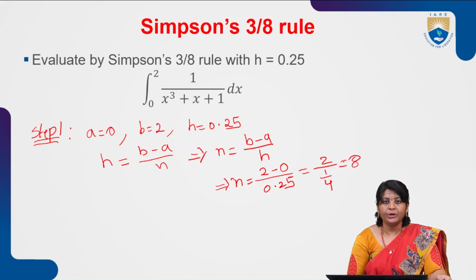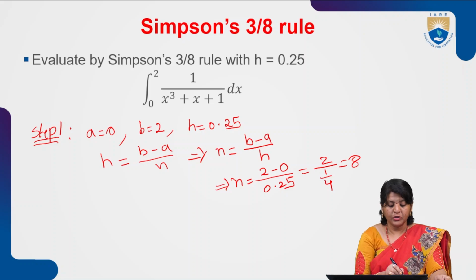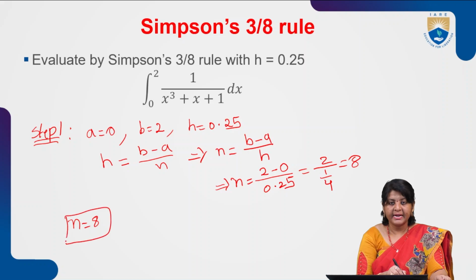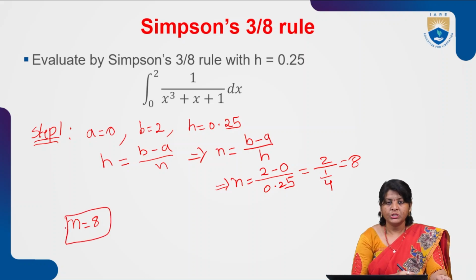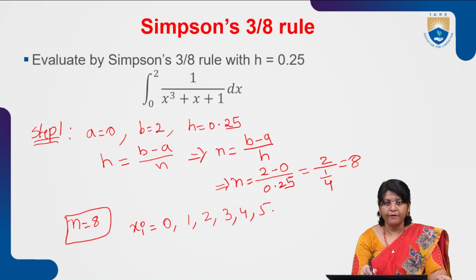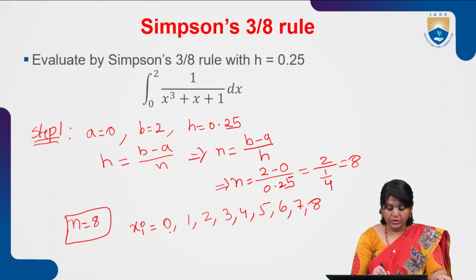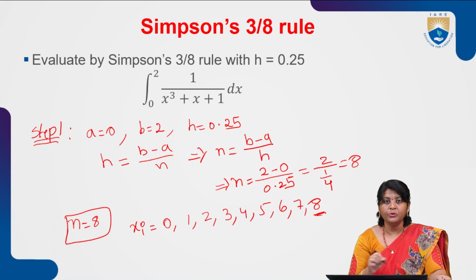So n is equal to 8. That means 8 subintervals need to be considered. Now the xi values will be 0, 1, 2, 3, 4, 5, 6, 7, 8, since n is equal to 8.